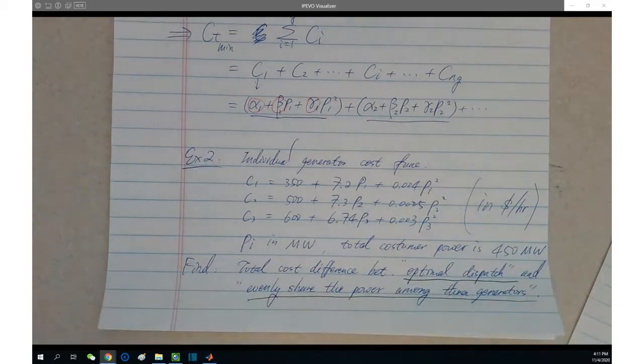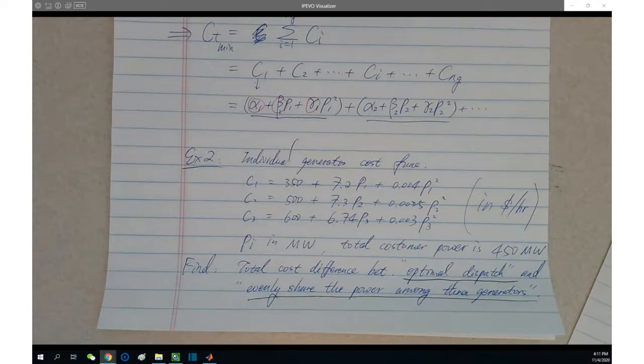Here it is asking for 2 different cases. One case is the really optimal dispatch. The second is evenly sharing the power, evenly sharing 450 megawatt among those 3 generators. In that way, of course, you're going to come up with a cost as well. So what's the difference between these 2 costs?